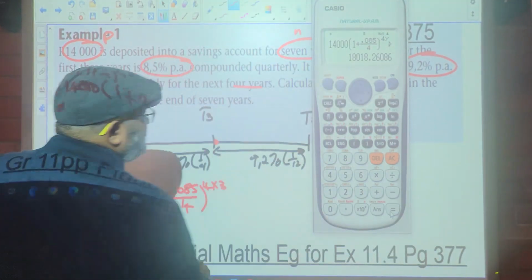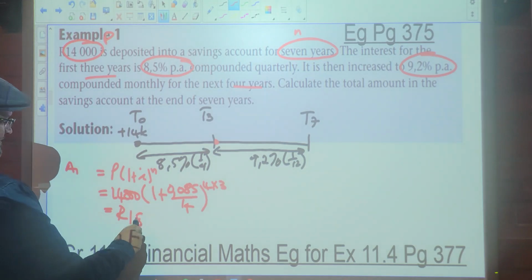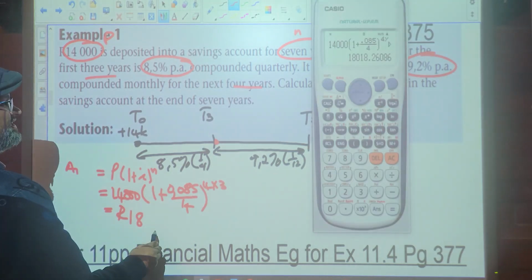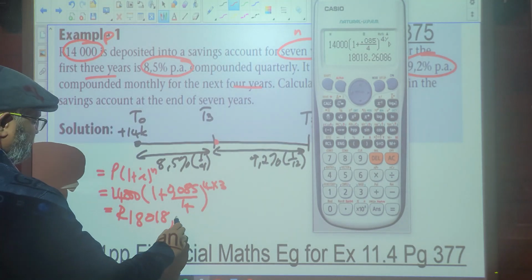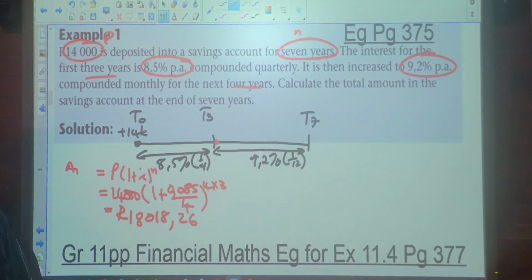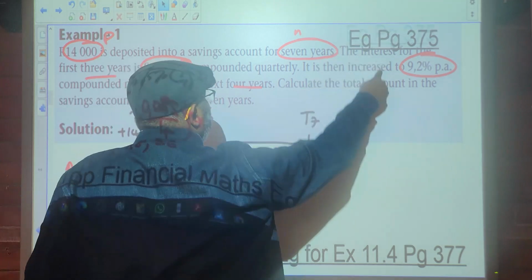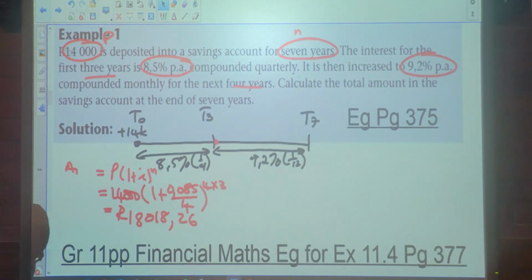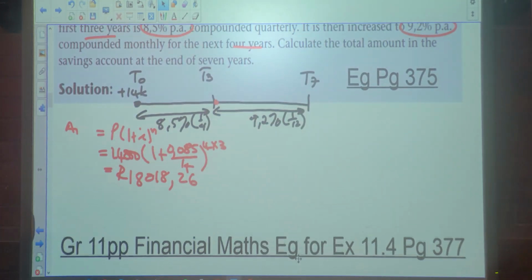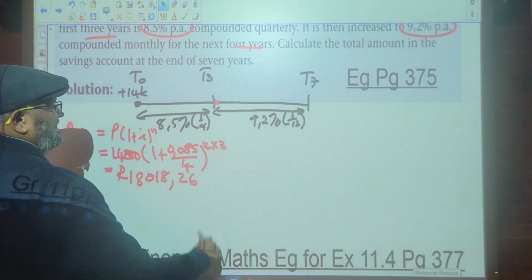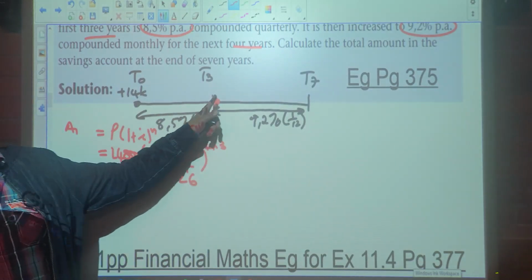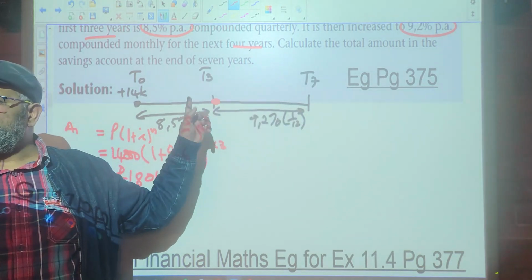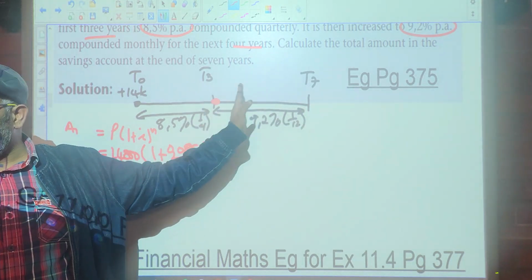Giving an answer of 18,018 Rand and 26 cents. But what happens thereafter? So this is the amount lying here. So that is now the principal for the last 4 years. That's the amount that's going to be considered invested for 4 years.